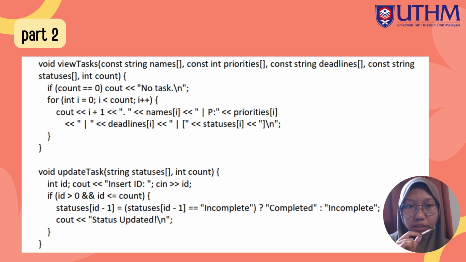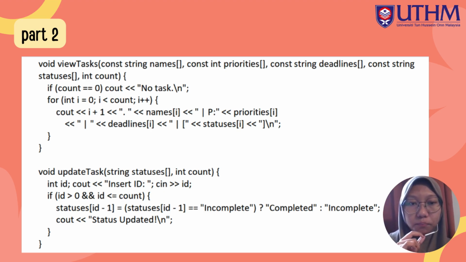So the next function we have is updateTask. The arrays we have are status, which is the array of task status, and count for the total number of tasks. So next line is int id. This declares a variable named id used to store the task number entered by the user.